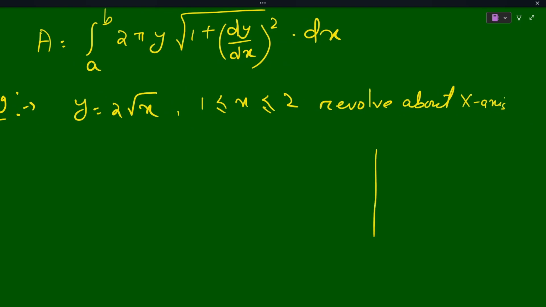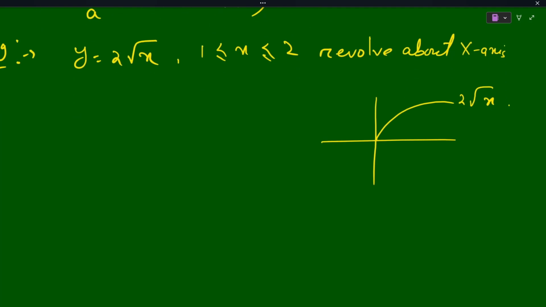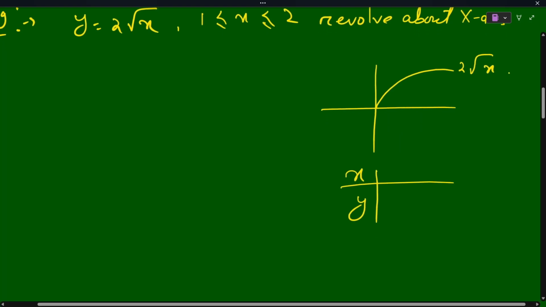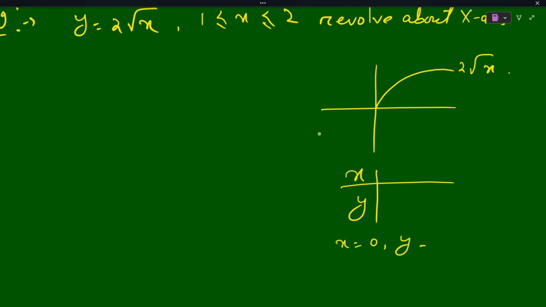There is no need to draw the curve, but if you want to see it, it looks something like this, 2 root x. And if you want to plot it, you can use a table like this, where you take random values of x and y. Let's suppose I take x equal to 0, then y would be 2 into root 0, that is 0.